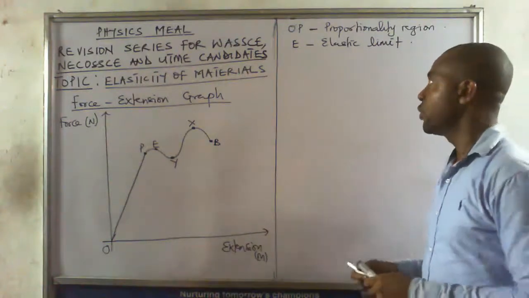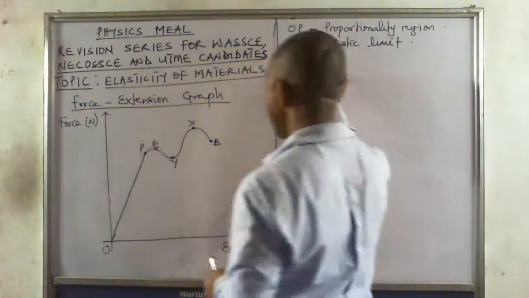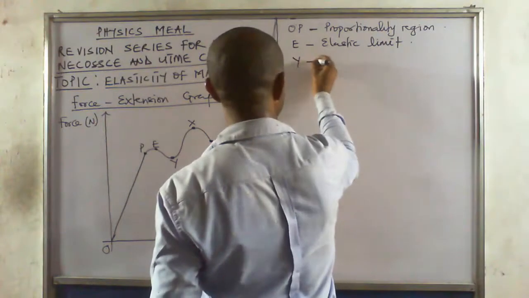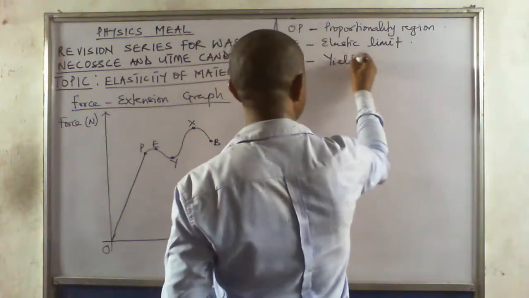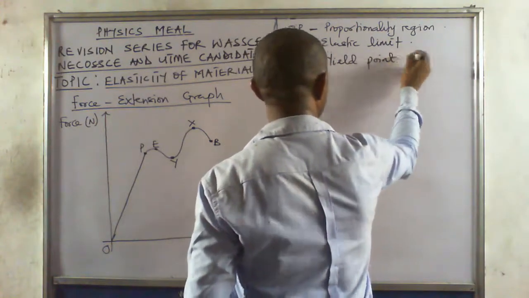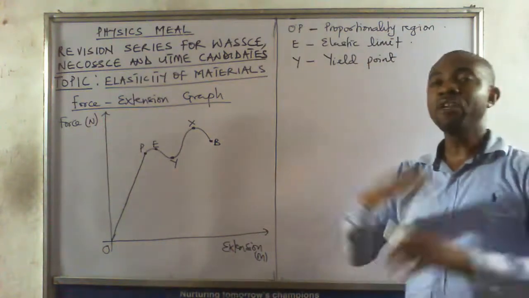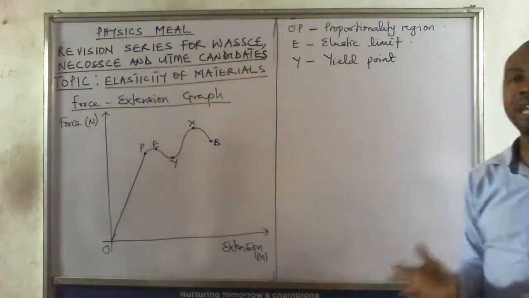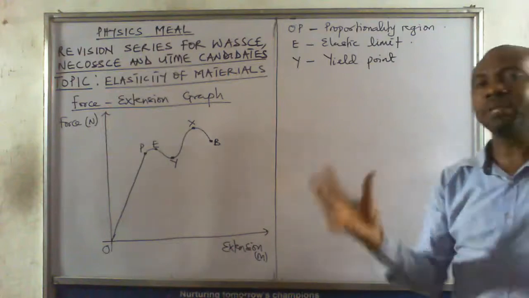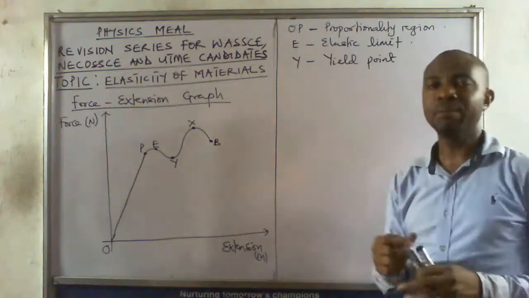So then we have the point we call Y. We call it the yield point. The yield point is when the material has given up all its elasticity and has become a plastic material.